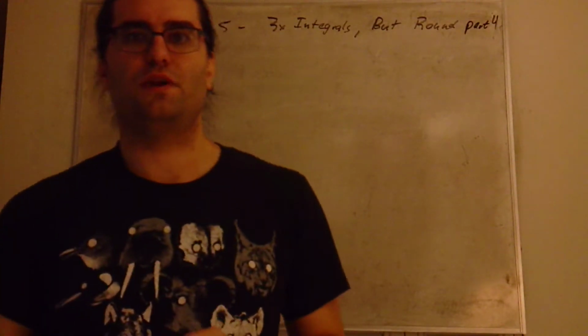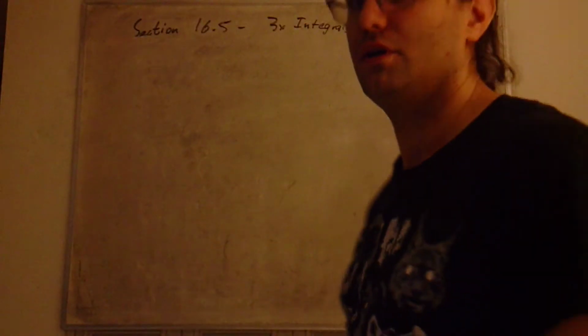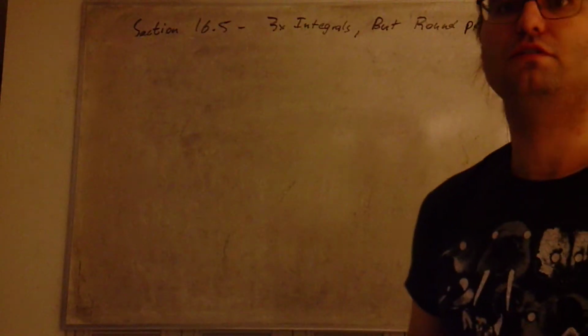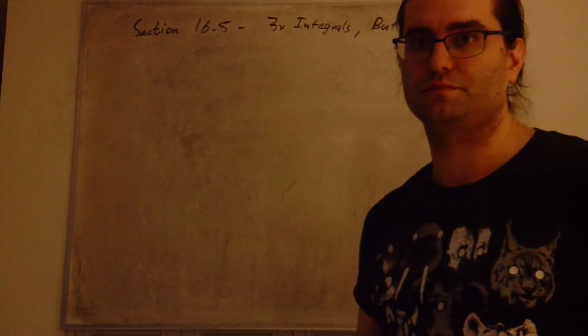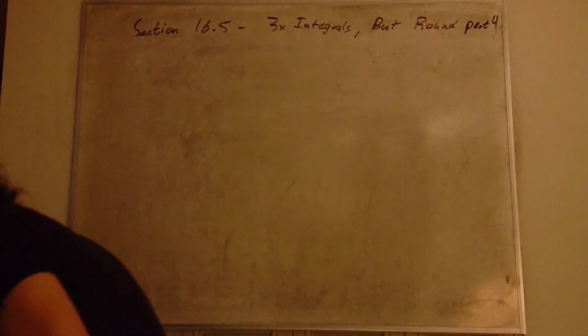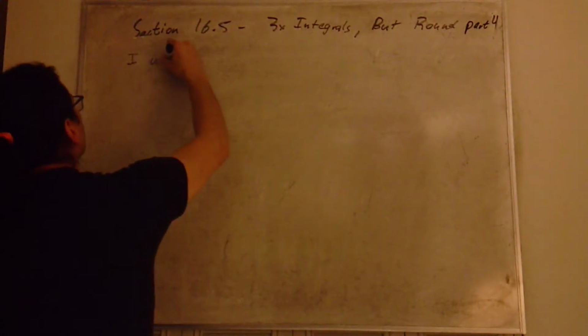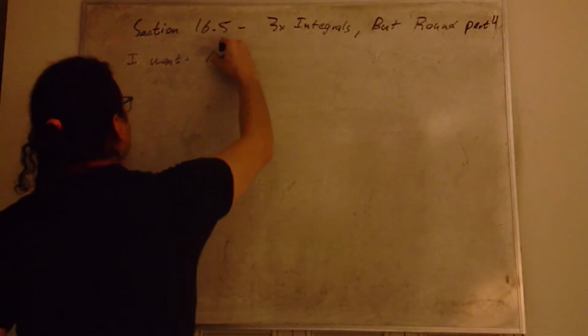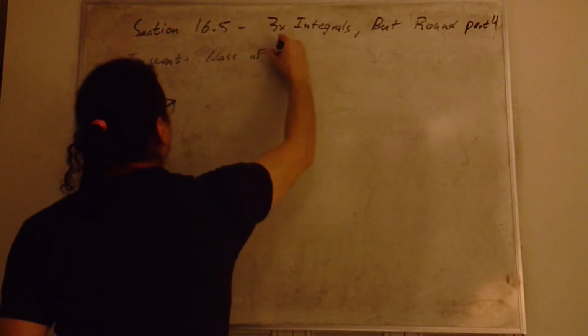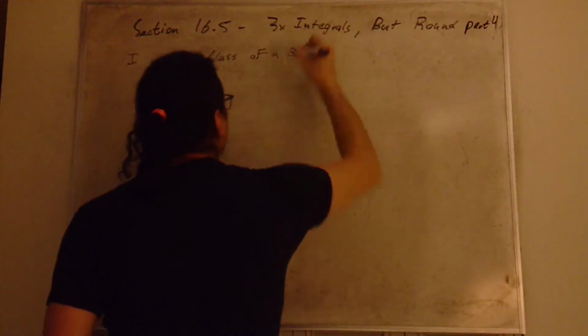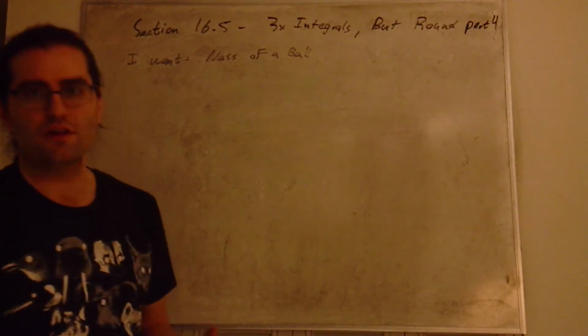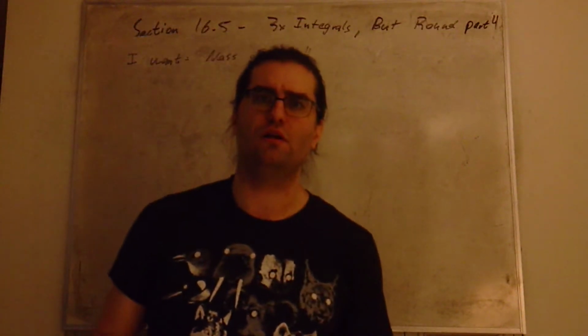Let's see what happens when we do a triple integral of a density function. So I want the mass of a ball. I guess I should warn you. The homework uses the word ball a lot.